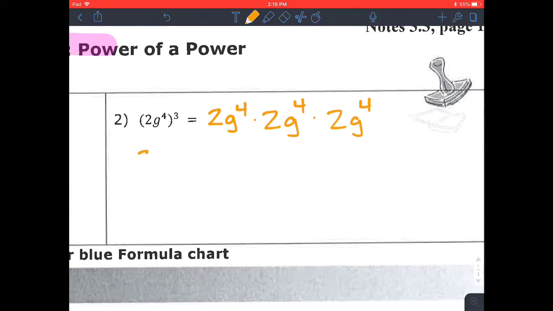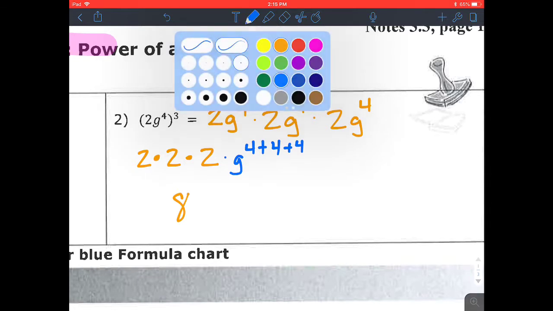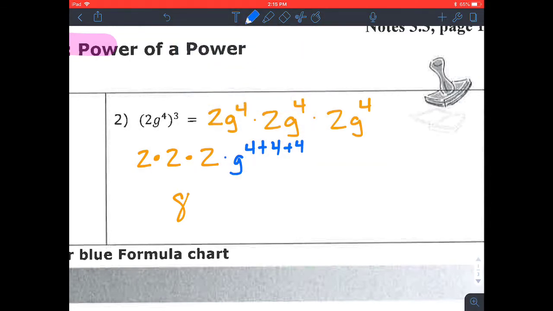So I've got 2 times 2 times 2, and then we have g to the 4 plus 4 plus 4. If I do my calculator 2 times 2 times 2, I get 8. And then 4 plus 4 plus 4, I get 12. So I have g to the 12th.